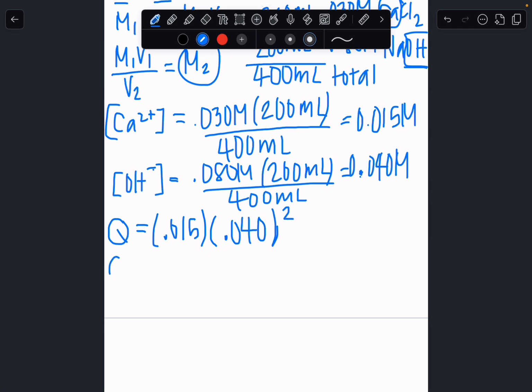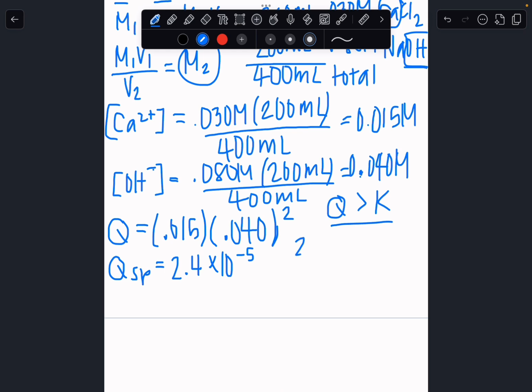So your Qsp, after plugging that into your calculator, gives you 2.4 times 10 to the negative 5. And then we want to compare, remember, Q to K and see if this is true.